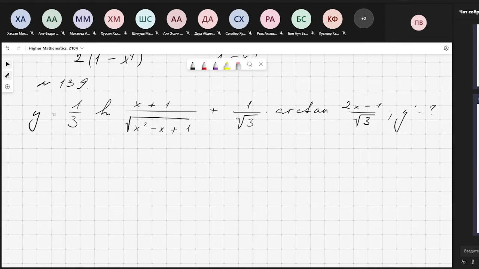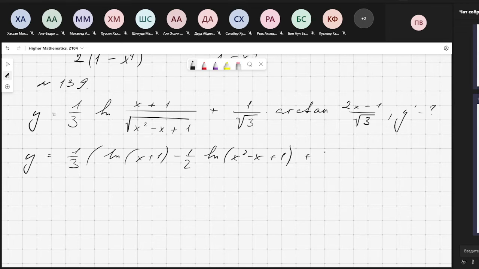simplify it. y will be equal to 1 over 3 times natural logarithm of x plus 1 minus 1 over 2 natural logarithm of x squared minus x plus 1 plus 1 over square root of 3 times arctangent of 2x minus 1 over square root of 3. Find the derivative.